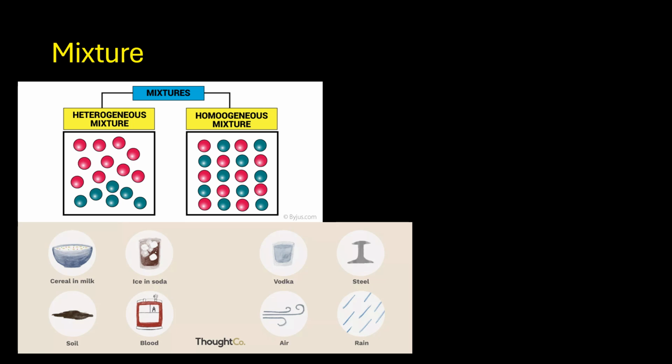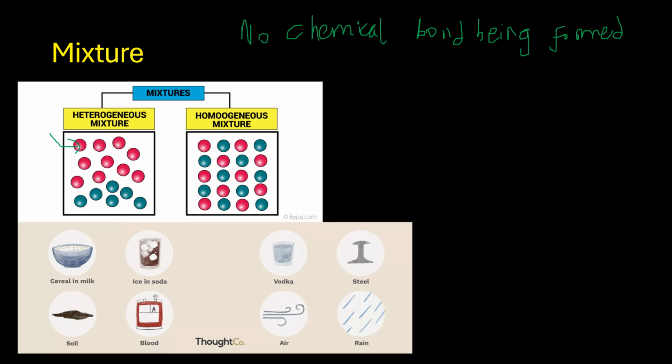And then you also see mixtures. Mixtures are what occur when there is no chemical bond formation. So you see here that we have one substance that is pink and another substance that is green, but you never see a hybrid of a pink substance and a green substance.